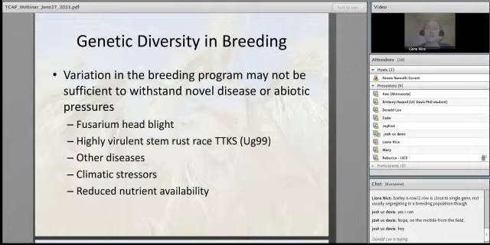People are, I guess, less worried about UG99 as a threat, but there was very little genetic diversity for resistance to UG99 in the breeding program. There are other diseases that might pop up, and especially relevant to the TCAP grant are things like climatic stressors and reduced nutrient availability.